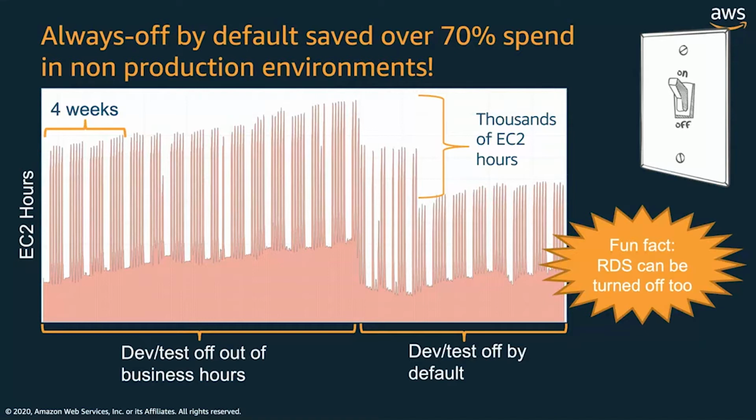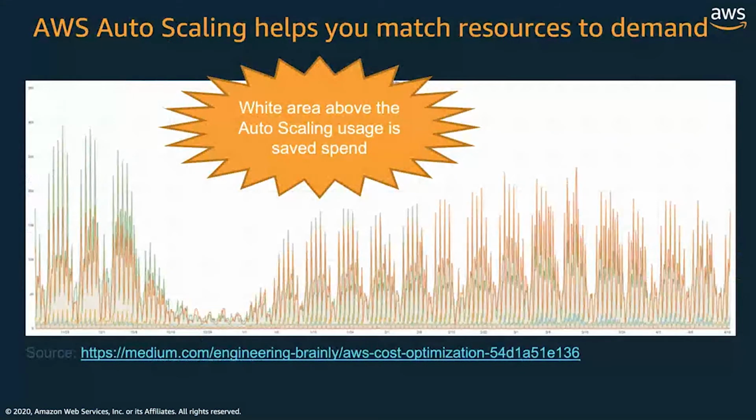You can also turn off RDS instances, and you can see the difference in the graph below. That correlates to thousands of hours worth of VCPU usage just by having this default always-off position in non-production environments. You can save an awful lot from a dev and test perspective.